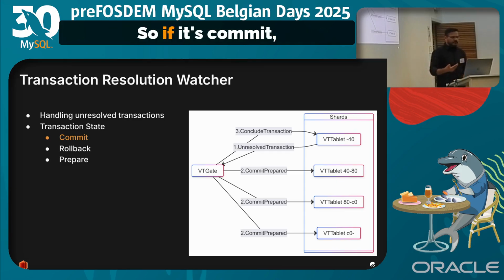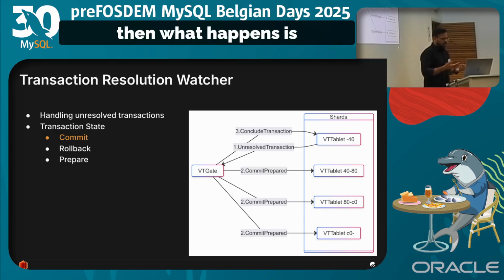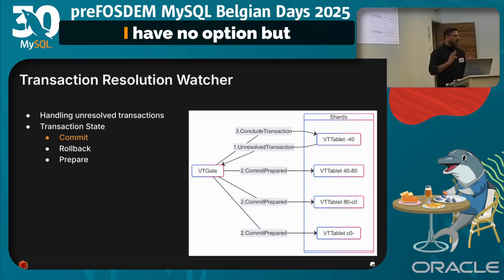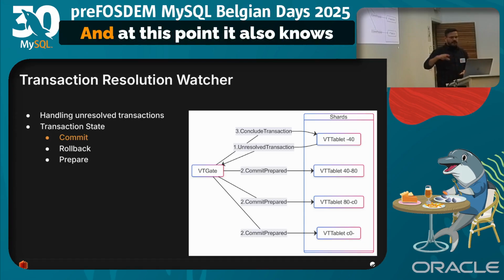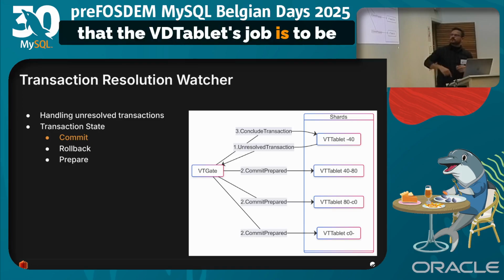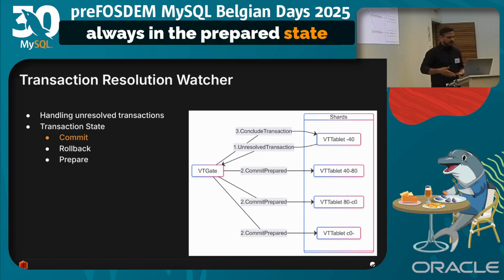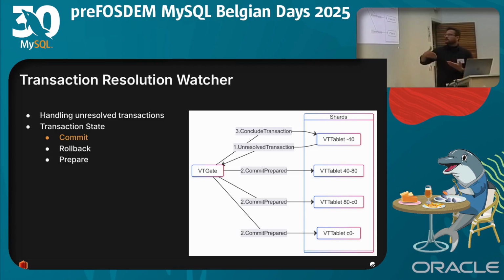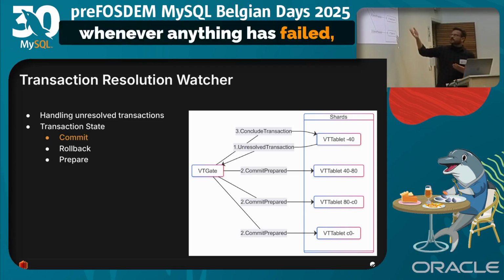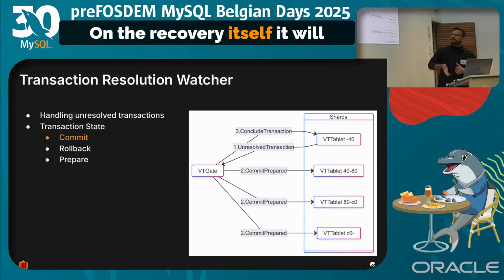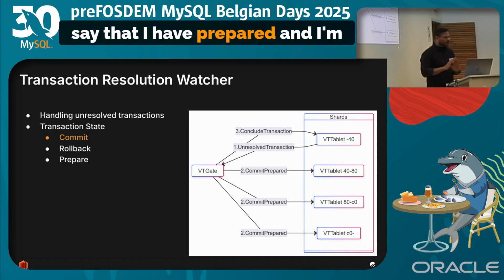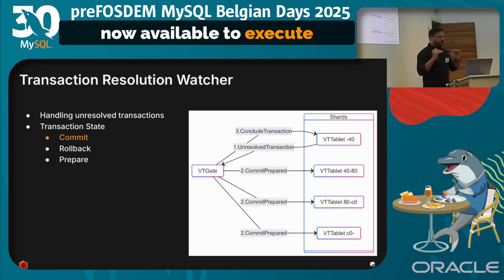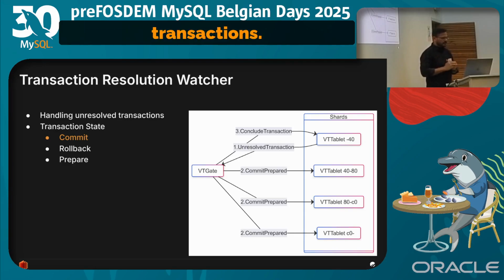If it's commit, then VTGate knows that I have no option but to commit, and at this point it also knows that the VTTablet's job is to always be in the prepared state, because that's what the failure recovery is. Whenever anything has failed, it will say that I have prepared and I'm now available to execute something on these prepared transactions.